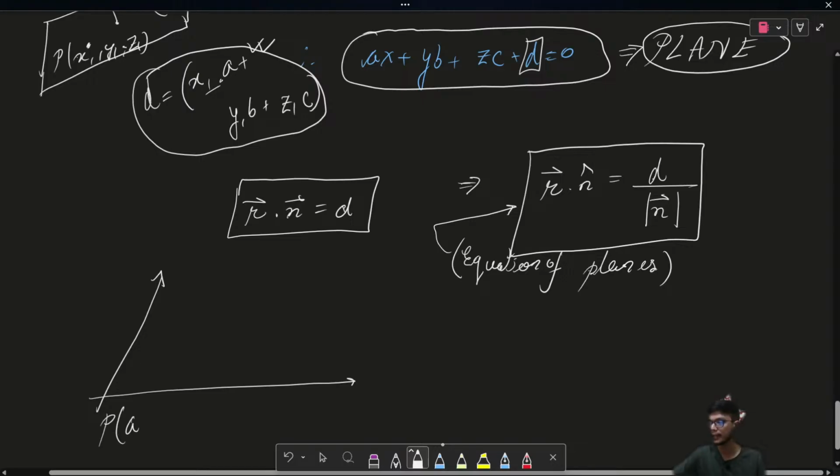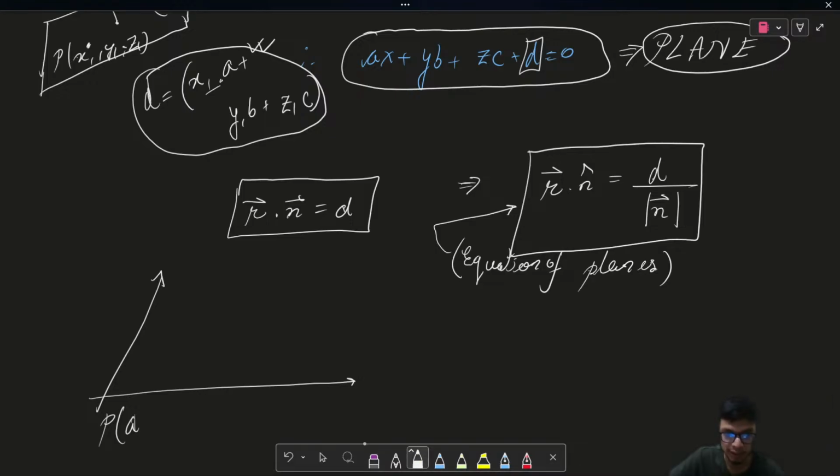Let us say point P is a known point which is given with a position vector A, and this particular point, let us say it is B, this line is L, and this line is M, or let us say this point as M and N, like this way. And then if I consider this parallelogram, the sum of these two vectors will also lie in the same plane, right?